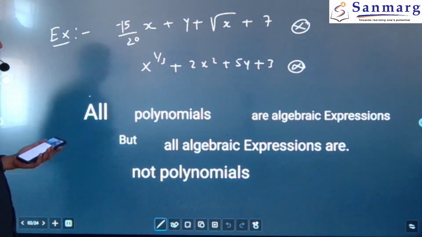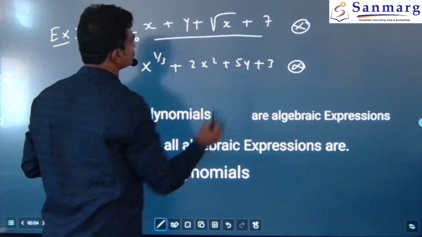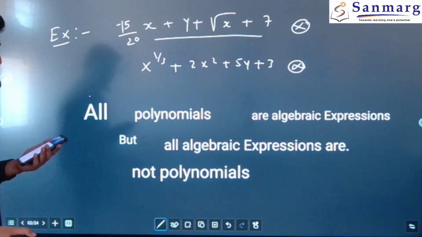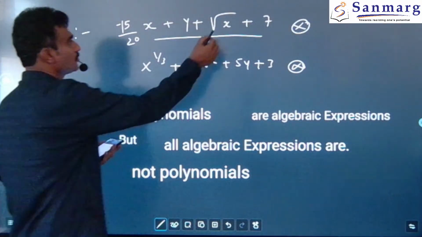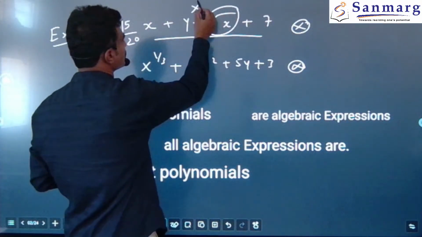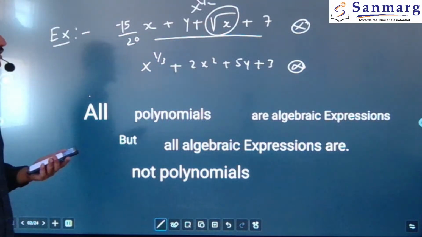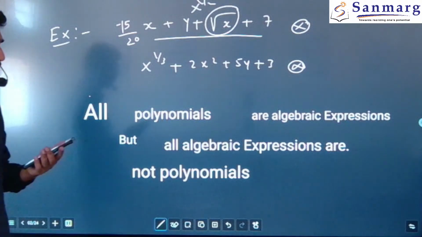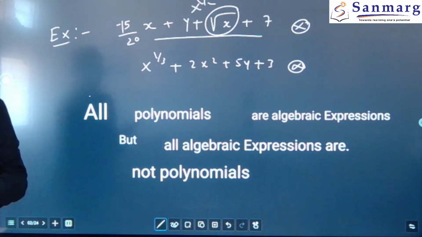So, some more examples. What about this expression, is it a polynomial? Definitely this expression is also not a polynomial because root x means x raised to 1 by 2, which is not a whole number. Root x means x raised to 1 by 2, again not a whole number, therefore this is not a polynomial.